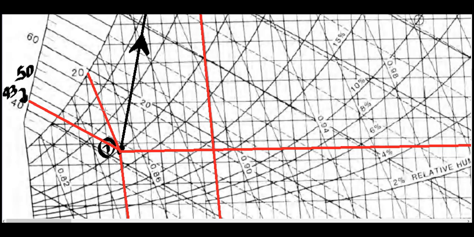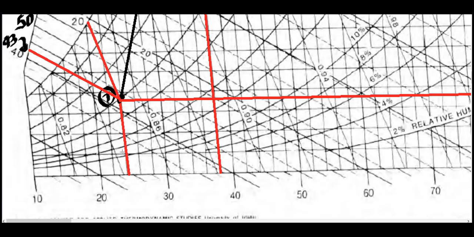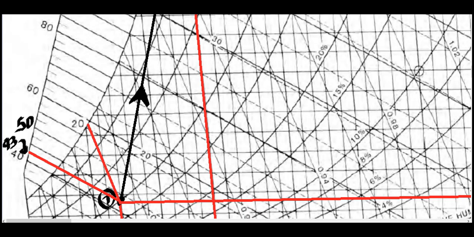So it is 0.85 already, since it is 0.86 there. So 0.82, 0.84, 0.86, this is 0.85. So we can put it as 0.85 for the value.